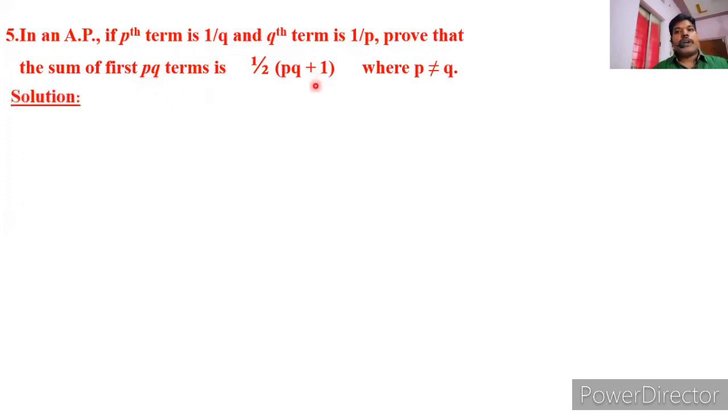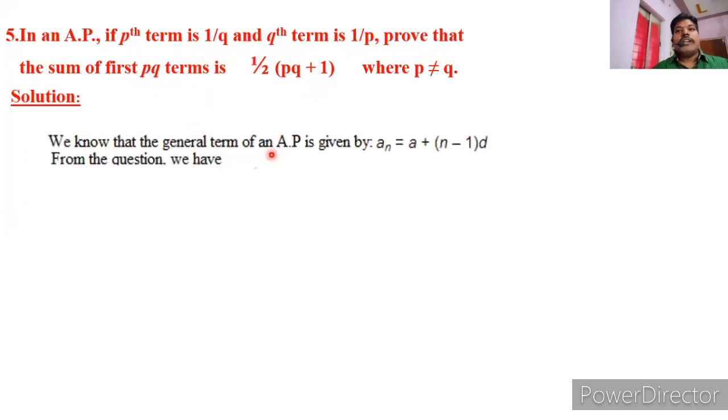So see, students, what we will start with. First, what is the formula for the nth term in the arithmetic progression? What is the general term of the arithmetic progression? Already we know that an is equal to a plus n minus 1 into d.